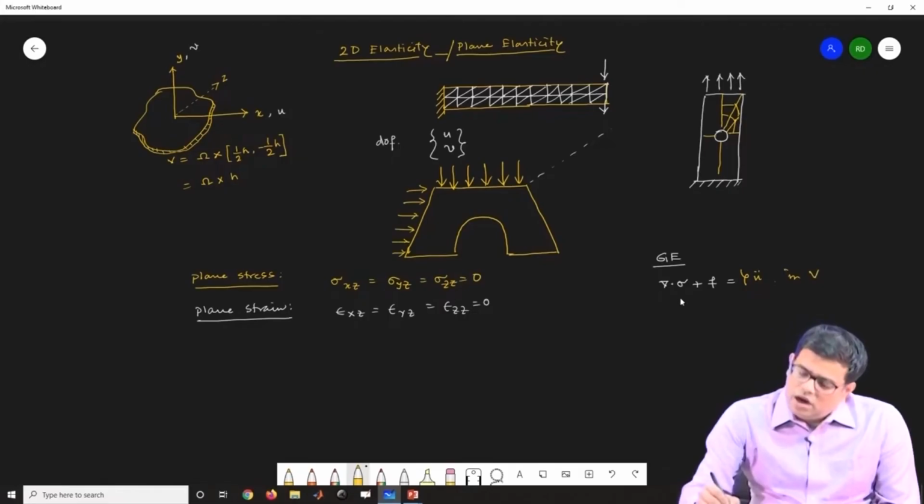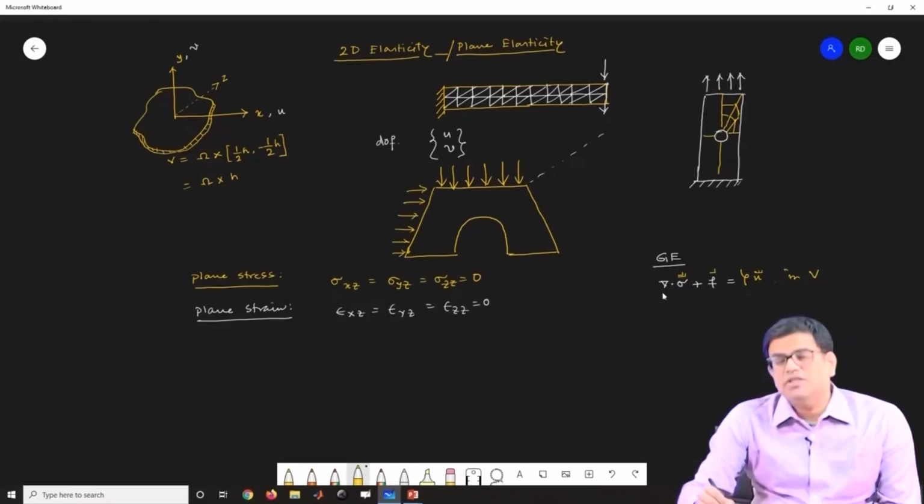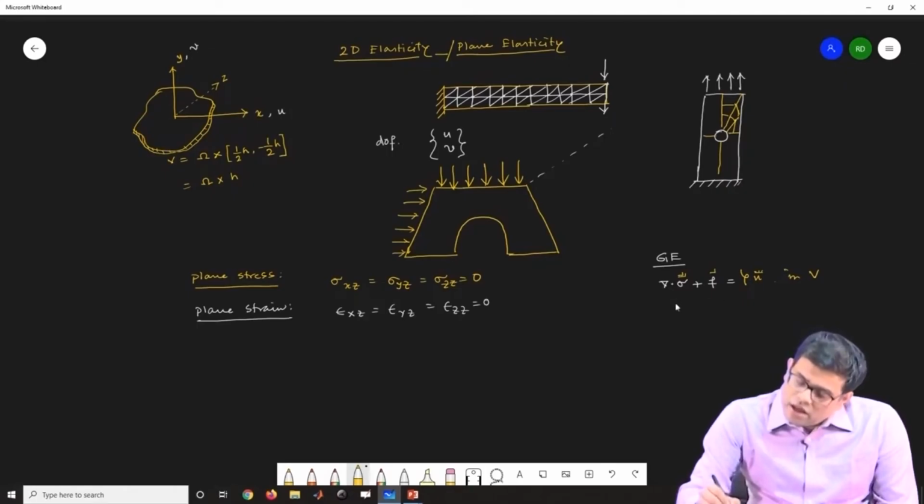So this is the stress tensor. Now this is a vector, and this is a vector. The divergence of sigma will certainly give a vector quantity, and Fx, Fy or Fz is the body force term. Now this is in V, and then you will have the traction force, the applied traction, which we know is sigma dot n, where n is the unit normal.